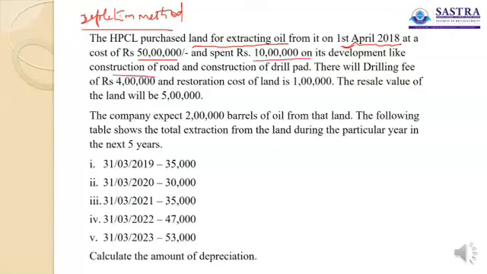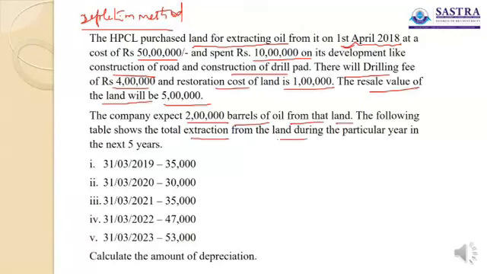The drilling fee is rupees 4 lakhs and the restoration cost of land is 1 lakh. The resale value of the land will be 5 lakhs rupees. The company expects 2 lakhs barrels of oil from that land. The following table shows the total extraction from the land during the particular year in the next 5 years.